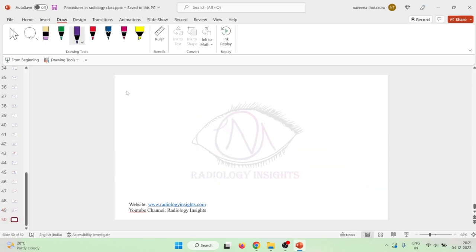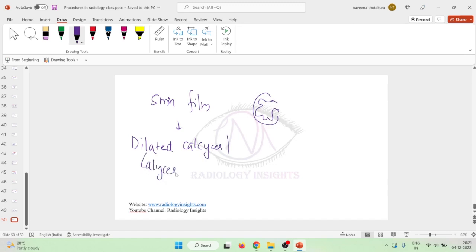Then if you see in the 5 minutes film that the calyces are dilated, that is dilated calyces like this, fully dilated, or if the calyces are not opacified adequately, in both these conditions it suggests that there is an obstruction present at the level of the calyces.